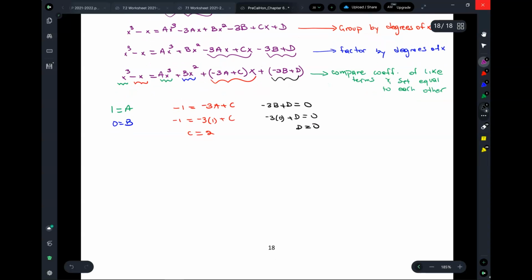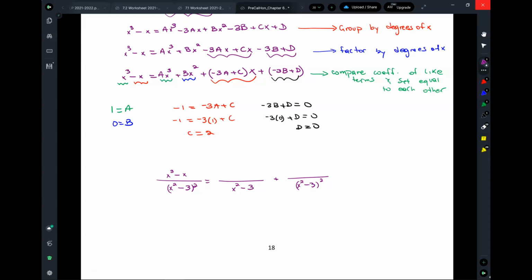That was fun. So now, the function is, well, initially, we had x squared minus 3 for one, and then x squared minus 3 squared for the other. And we had ax plus b, right? Well, ax plus b is what? 1x plus 0, and then 2x plus 0 for cx plus d.